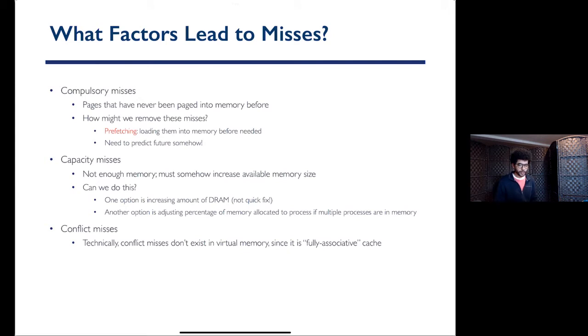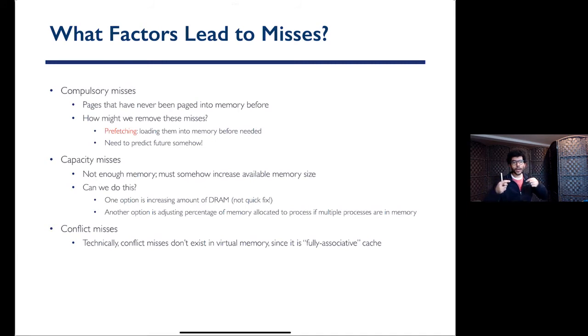The other reason for page fault that we should consider is conflict misses, but fortunately we don't actually have this because we have a fully associative cache. In a fully associative cache, you don't have conflict misses because all your pages could be anywhere in memory.